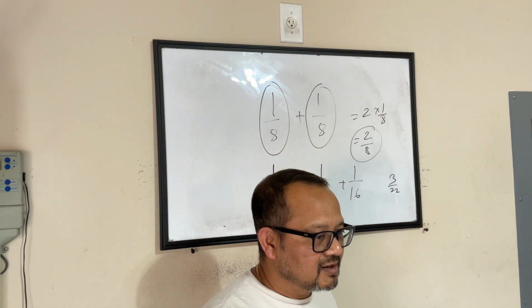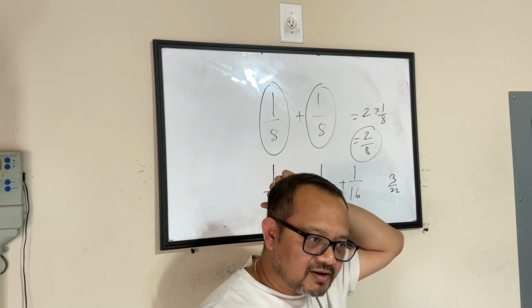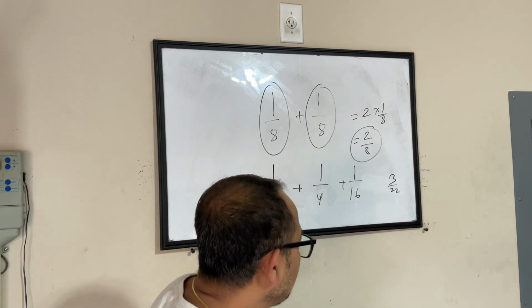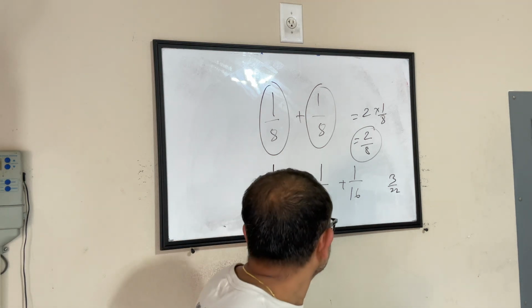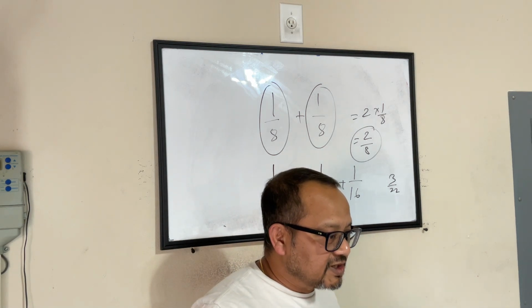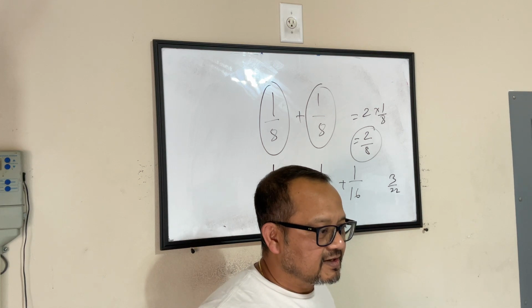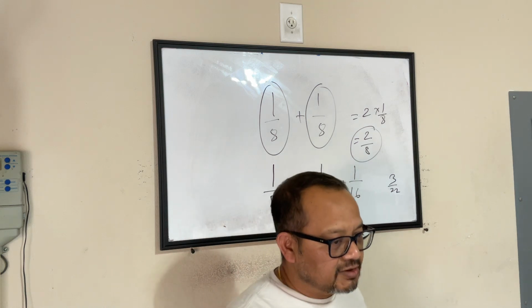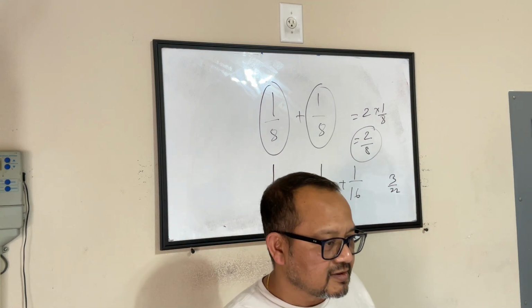Sorry, sir, I made a mistake in answering it. 3 by 28. Okay. Now, let's see what Aditi has to say. Yeah, Aditi. 3 by 28. Okay. Sanvi also got 3 by 28. Yes. Okay.